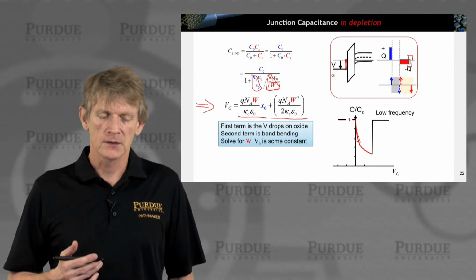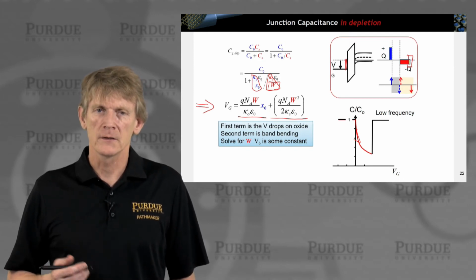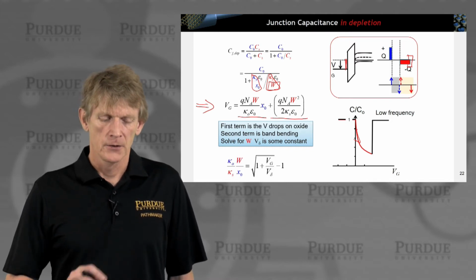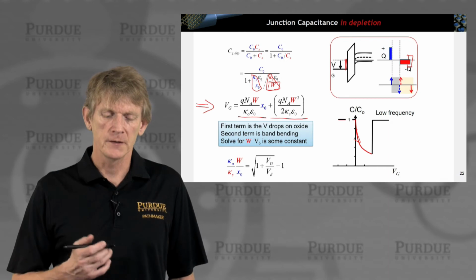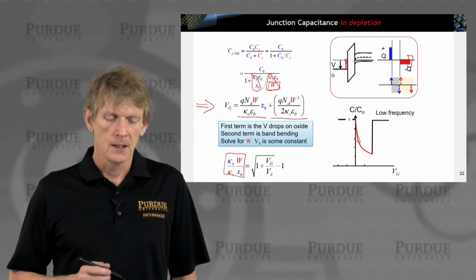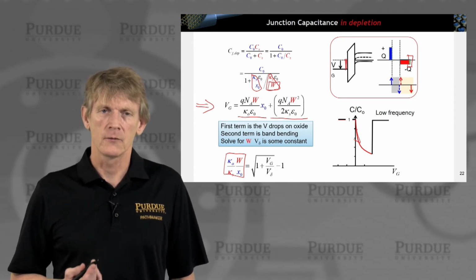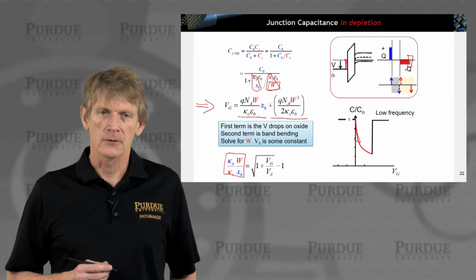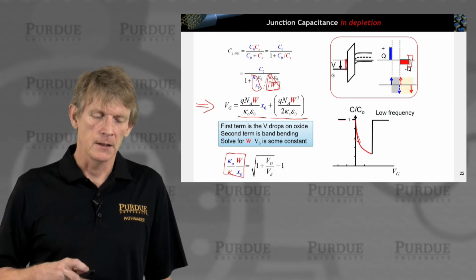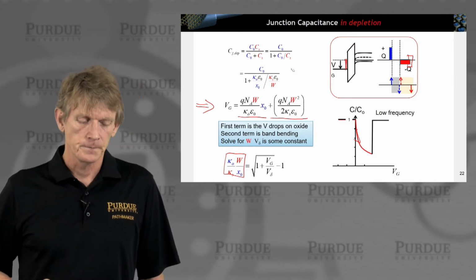You can solve this expression here for W, the width of the depletion region, as a function of applied gate voltage now. Effectively you write it down for this ratio of W over the oxide thickness and the flipped ratio of the dielectric constant in the oxide and the semiconductor, because that's what shows up in the expression up here, right?